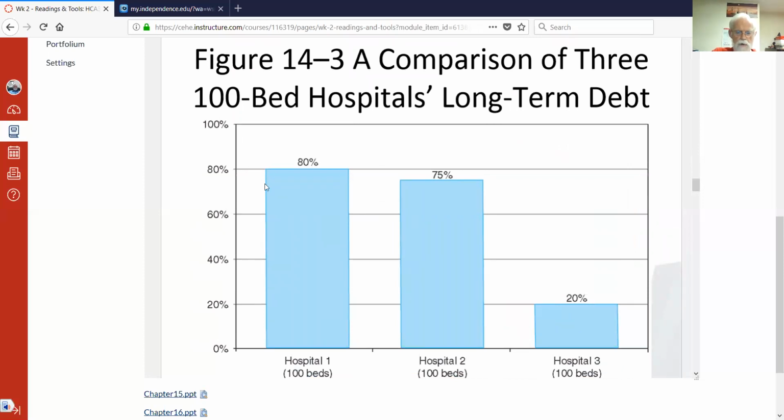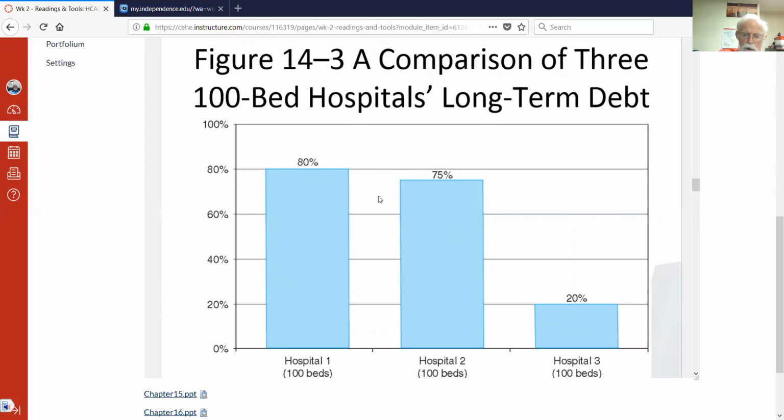Again, this is a comparison. In this, we've got 3 hospitals, each with 100 beds, and long-term debt, this percentage is probably a percentage of revenue. So of these 3 100-bed hospitals, 2 of them have fairly comparable long-term debt, but this one has none.